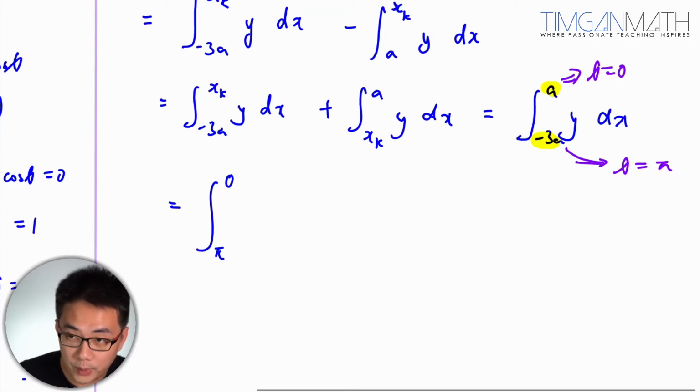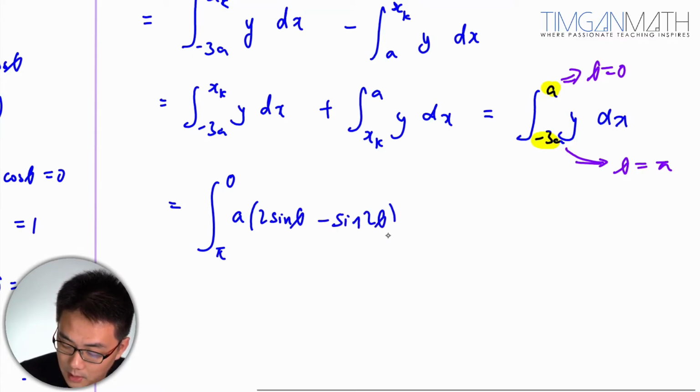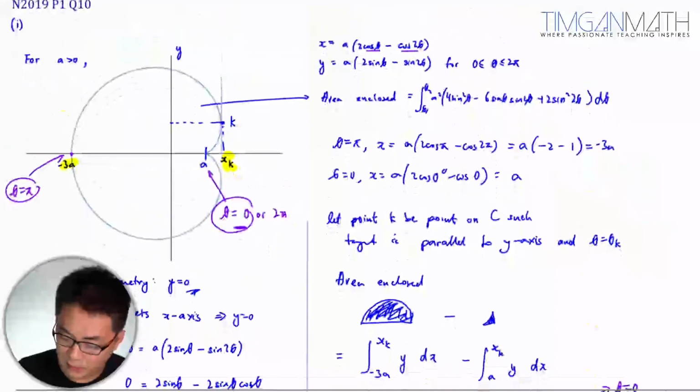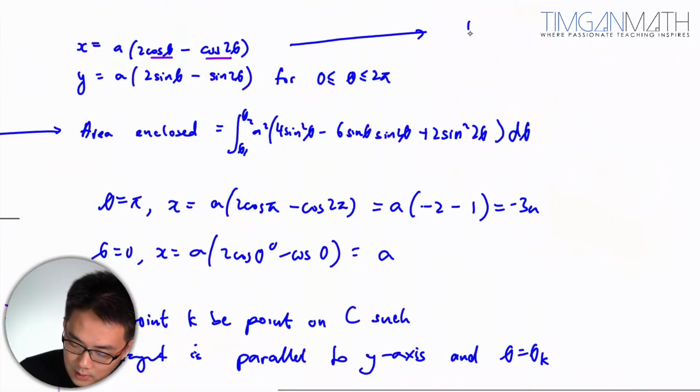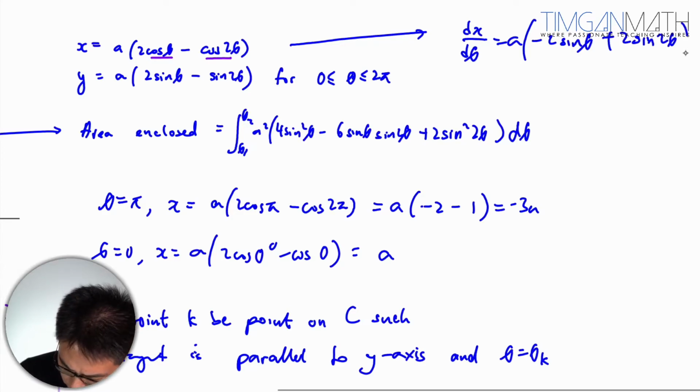And y would be a times 2 sine theta minus sine 2 theta. Then you need dx, so we're just going to differentiate x here. dx over d theta will be a times negative 2 sine theta plus 2 sine 2 theta.